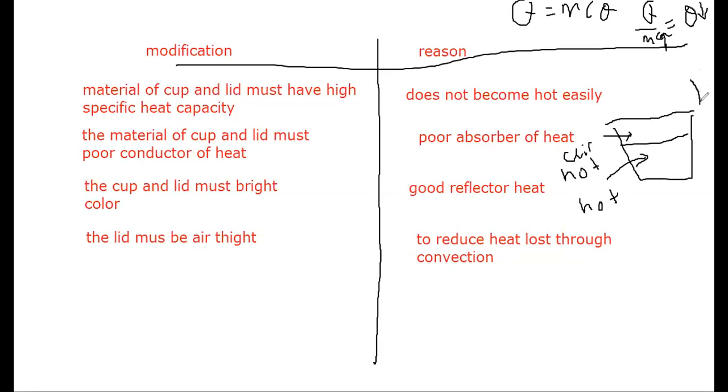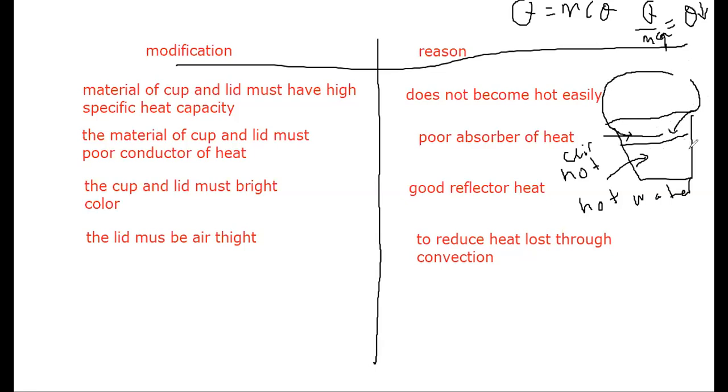The cool air can come in, the heat from the hot water is transferred to the air, then the air goes out. This we call convection. So there will be a flow of air: the air comes in, takes the heat and goes out, cools, and comes in again to take more heat. This causes the hot water to cool down. That's why it must be airtight.